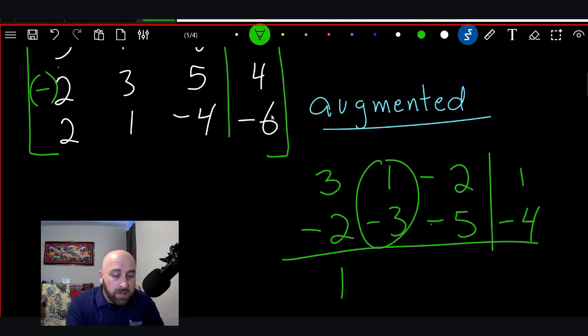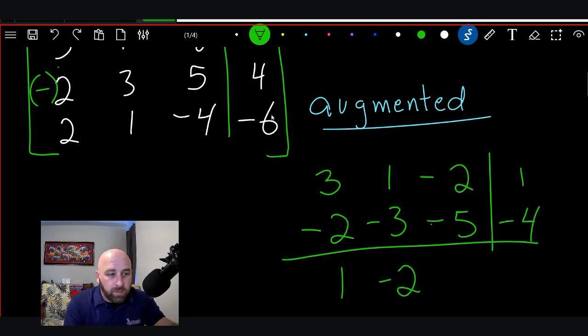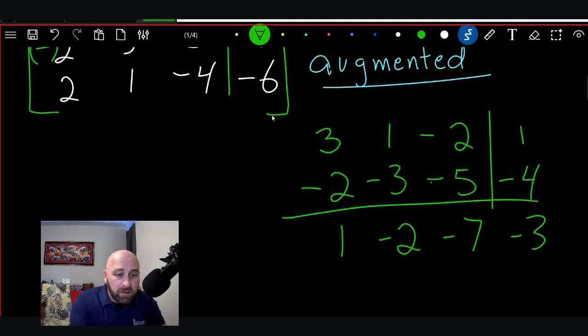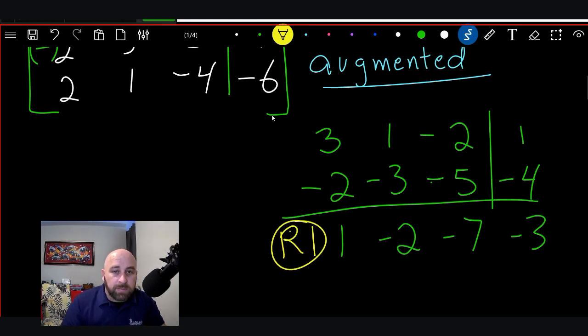So then we would combine this one, and this is going to give us a -2. We'll combine this one, and that will give us a -7. We'll combine the constant row here, and that will give us a -3. All right, now this is my new row 1. That's my new row 1 of my matrix.